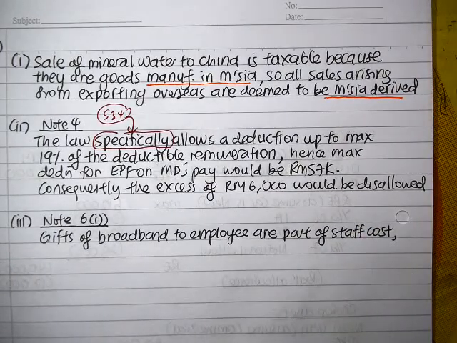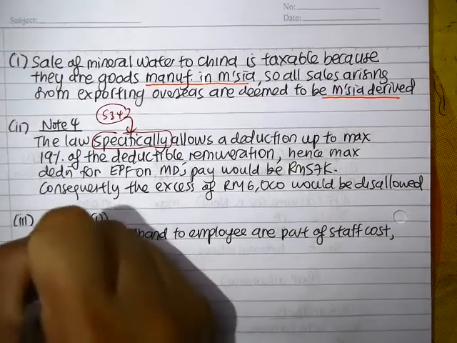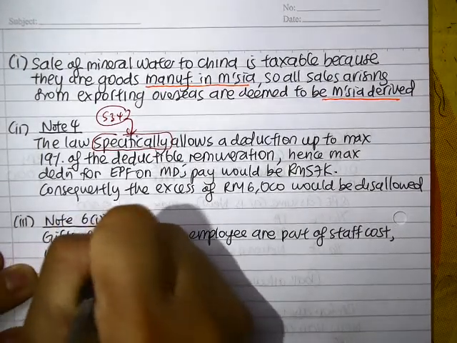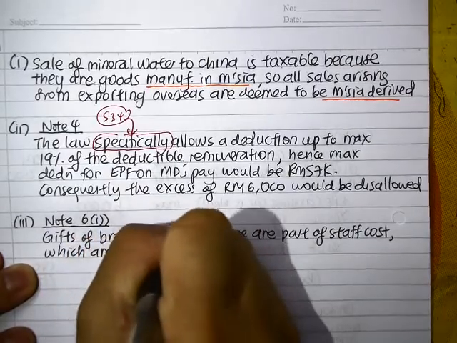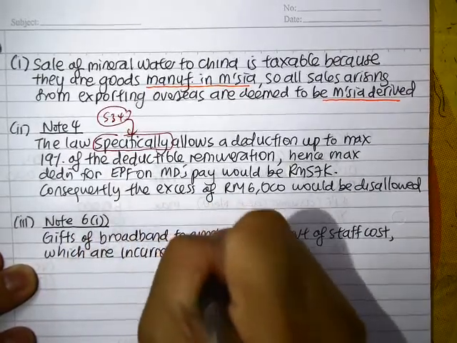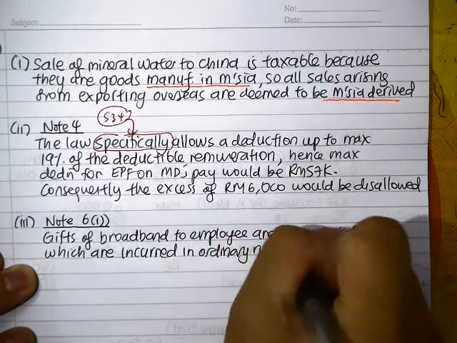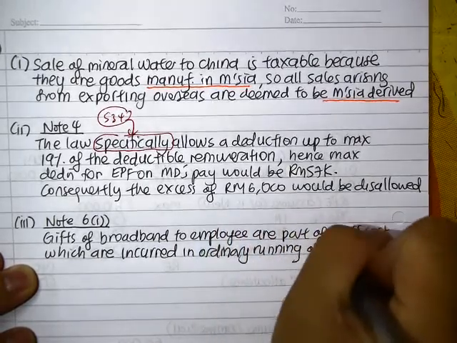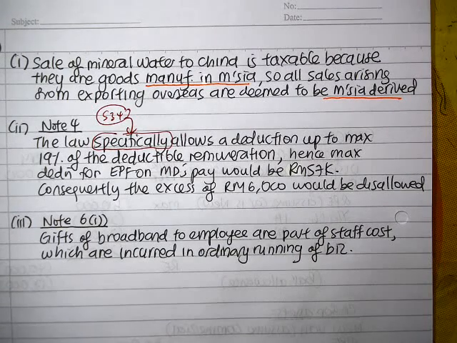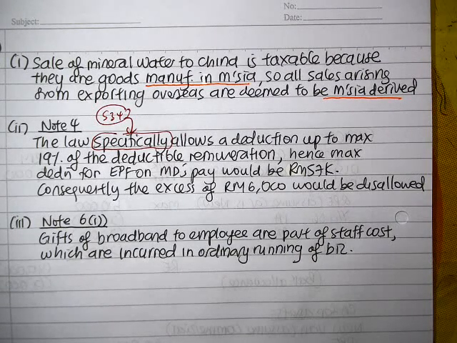Okay. So anything for worker, you just say it's part of staff costs, which are incurred in ordinary running of business. These are common expense that is part and parcel of running business. So we just use the word ordinary running of business.